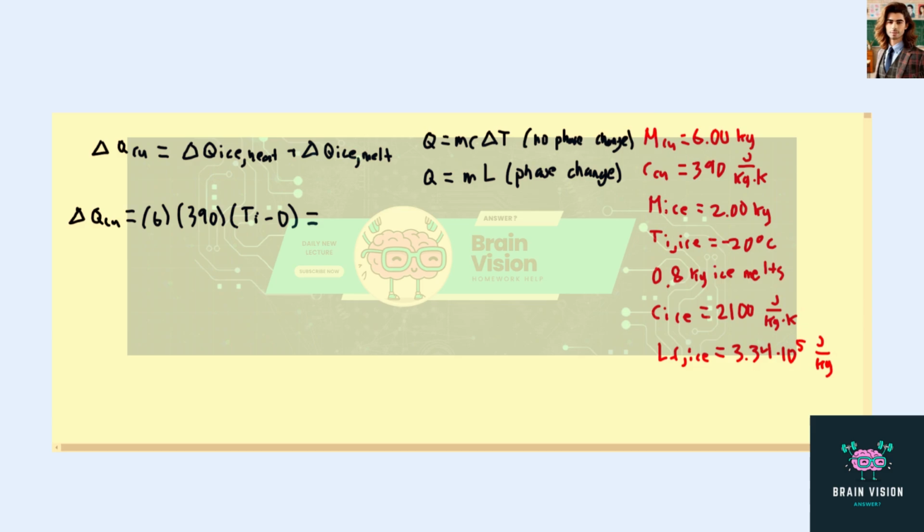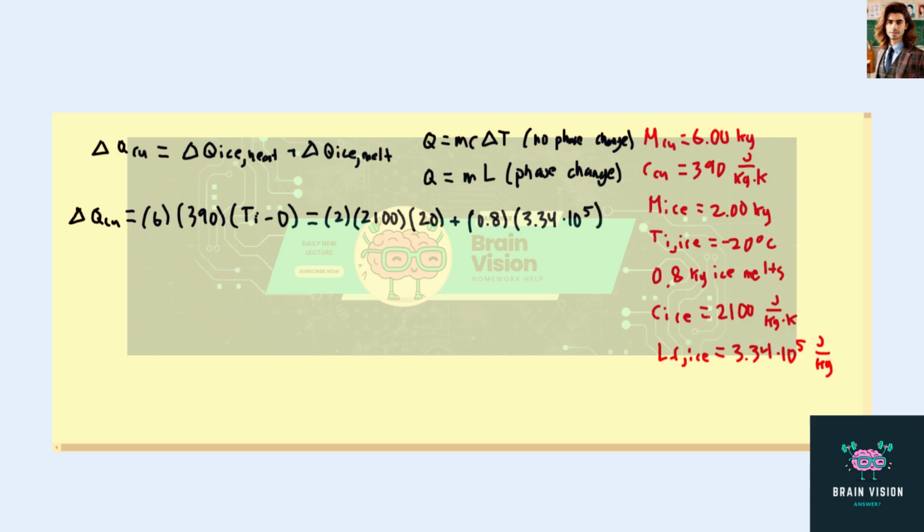So for our ice, we had to heat up our ice, we had 2 kilograms, specific heat 2100, and the delta T 20 degrees there. And then to melt our ice, we melted 0.8 kilograms, and multiply that by the heat of fusion of water, 3.34 times 10 to the 5th.